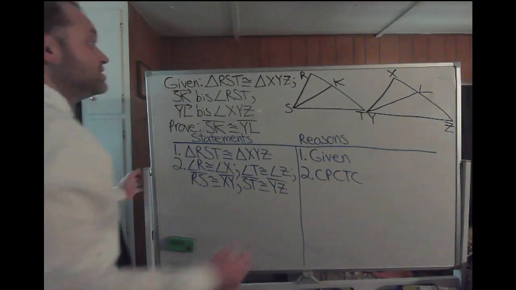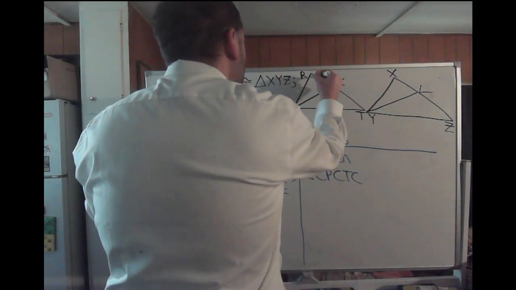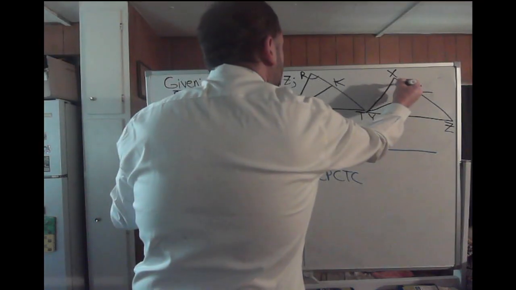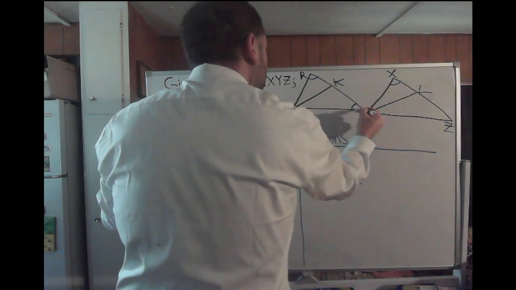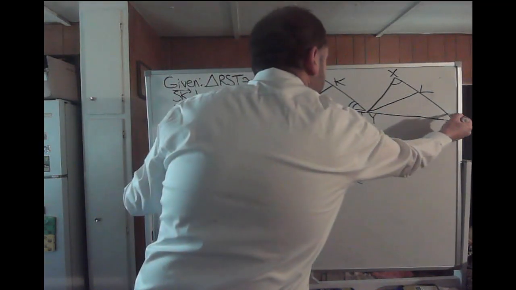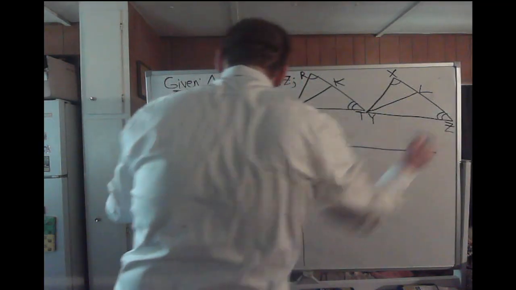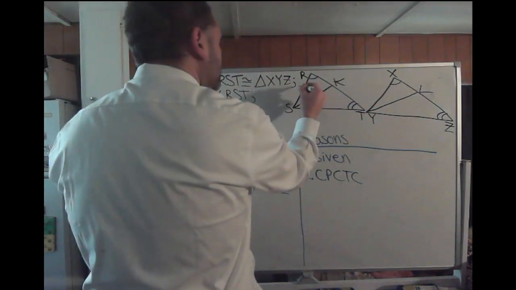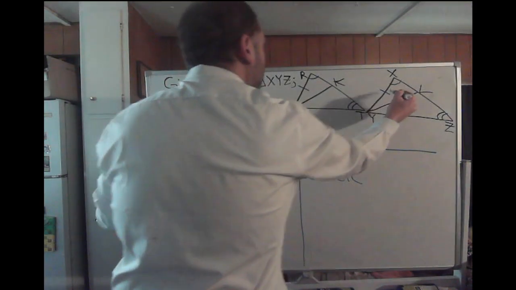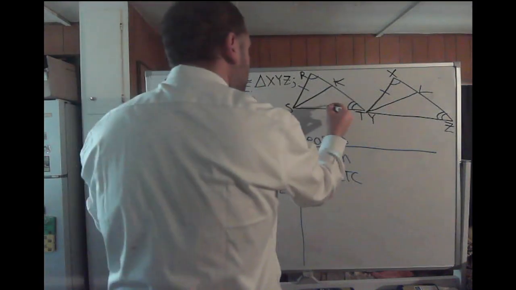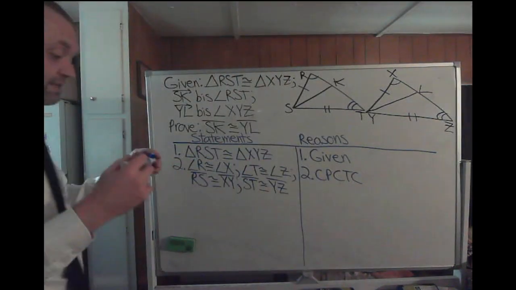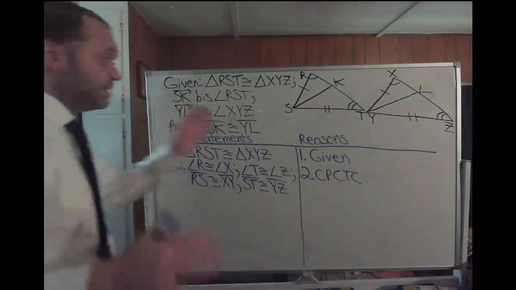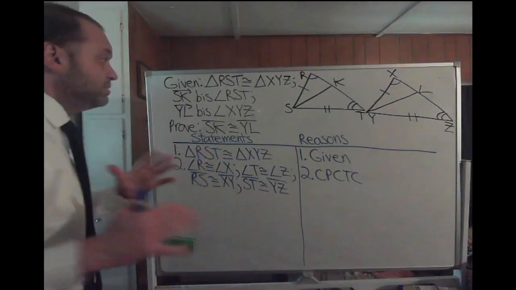CPCTC. So why don't I go ahead and make my congruency markers? Let's see. R is congruent to X. T is congruent to Z. RS is congruent to XY. And then ST is congruent to YZ. Alright, so now I place some congruency markers on the diagram, which should hopefully make our life a little bit easier.